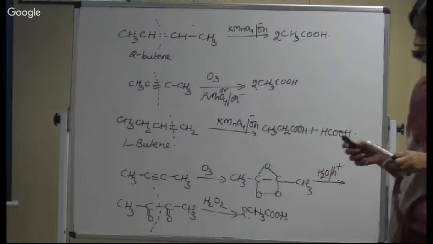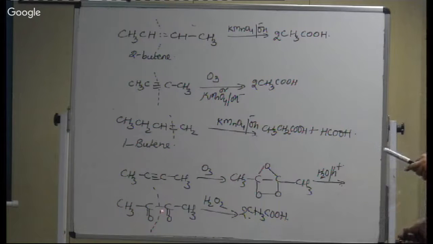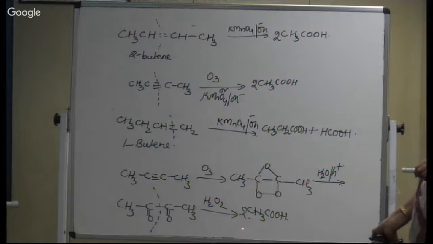Right? So you get a 1,2-dicarbonyl compound, which is oxidized by hydrogen peroxide, and you will get cleavage taking place across the carbonyl carbon, forming 2 carboxylic acid molecules. Right?